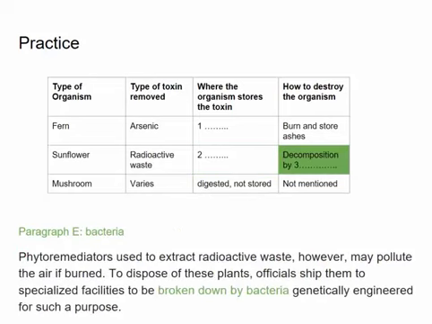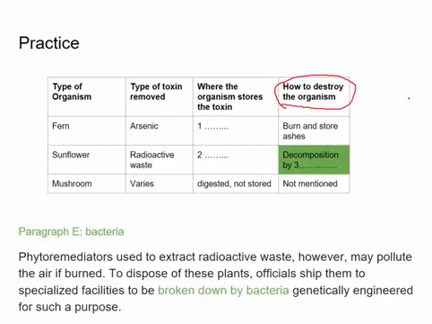Okay, for question 3, we had a different category to consider. Now we're moving on from where it stores the toxin to how do we destroy the organism? Okay, so these organisms take in these toxins and they can't just be left out there, because when they die or something happens to them, they will simply absorb that bad stuff back into the earth.